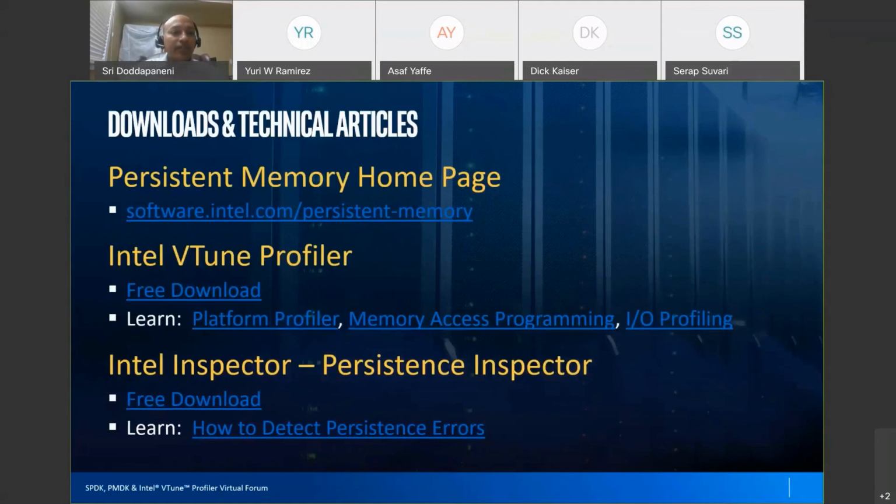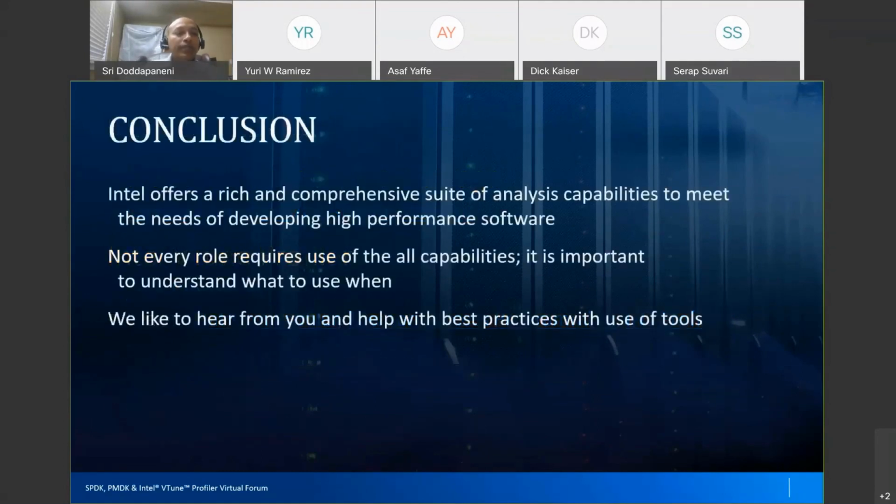There are links here to go get more information. So in summary, Intel offers a rich and comprehensive suite of analysis capabilities to meet your needs. You don't need to know every one of those capabilities. What I tried to do today is demystify this and make it a little easier, so that you don't need to master everything.